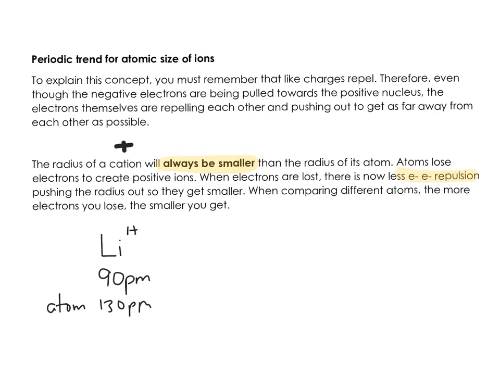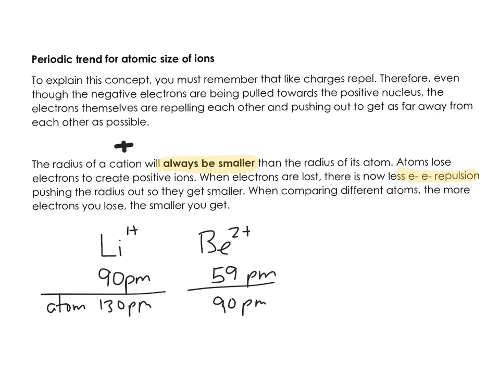Now the beryllium 2+ ion should be smaller than its atom. Its atom was about 90 picometers, and its 2+ ion is 59 picometers.